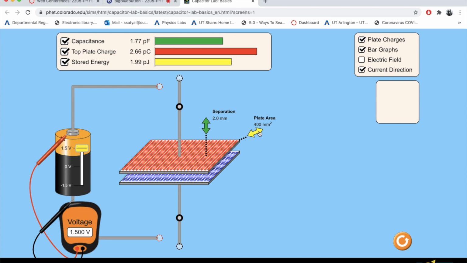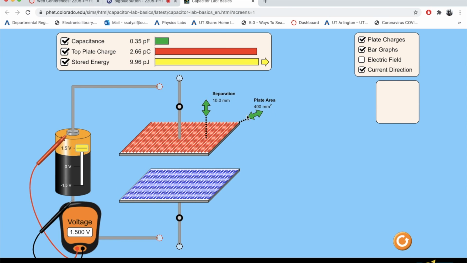And that C has separation and area built into it. So changing area and the separation directly affects the stored energy. And how it affects, again, look at the formulas. Q equals CV, capacitance C is epsilon naught A over D, and your energy is half Q squared over C. That should explain these three features that we just observed between separation, area and the energy.